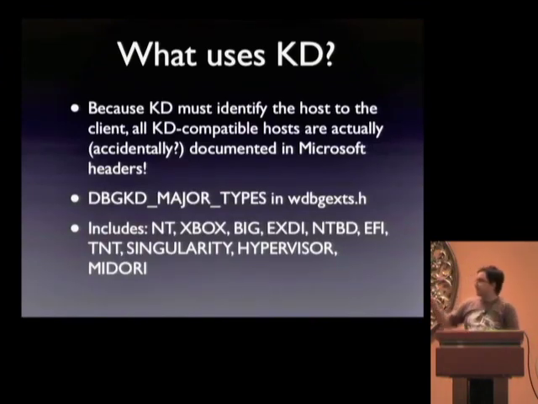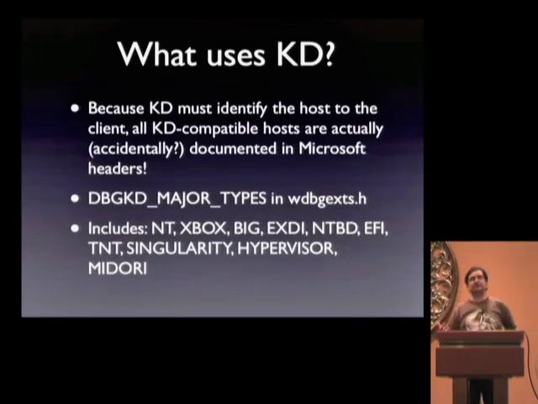There's a DBGKD major types max, so I tried sending it max. And what WinDbg printed was connected to Windows Midori, which is pretty interesting because Midori is apparently the next top secret Windows OS that's based on .NET.